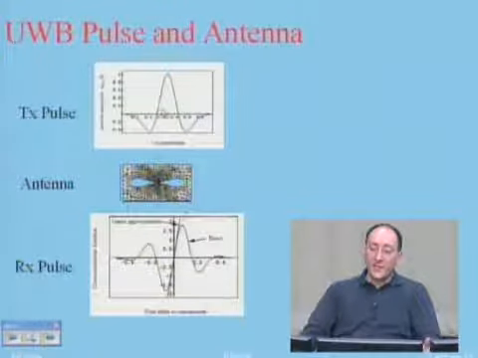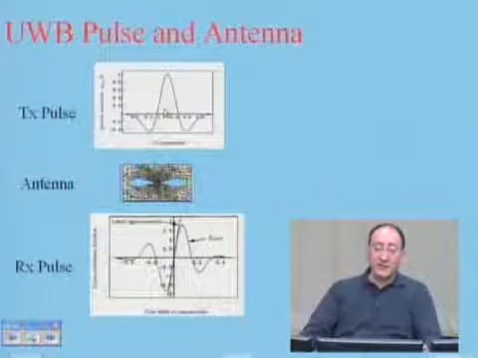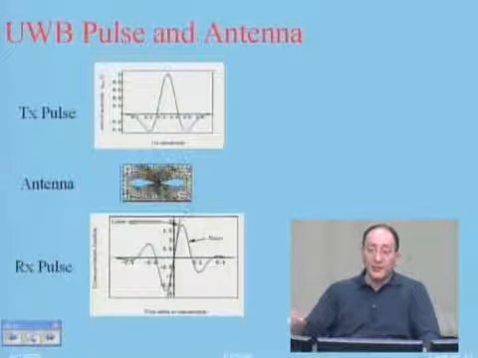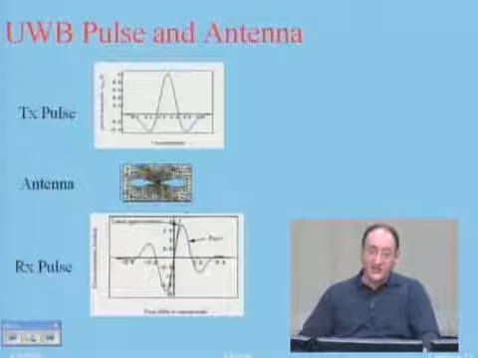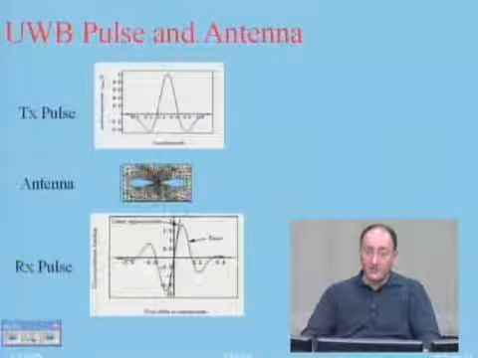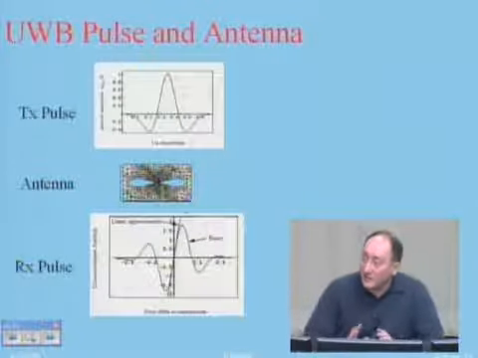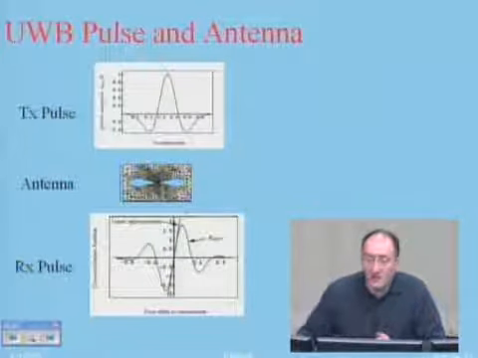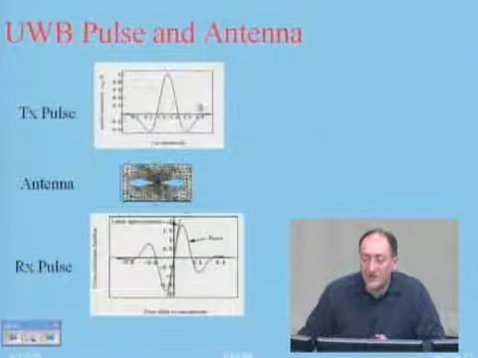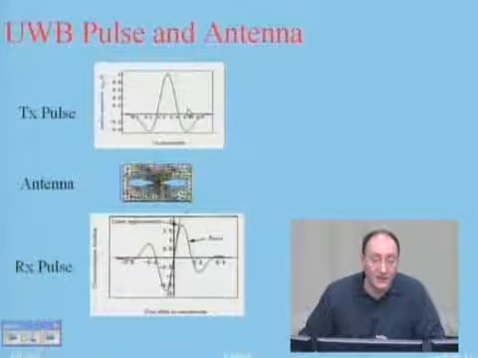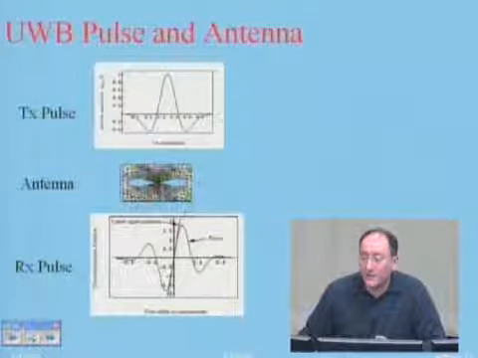If I don't have ultra wideband, meaning that W over Fc is a very small number, I can design a good antenna, and I receive almost the same pulse at the receiver. But when I have ultra wideband, I cannot.